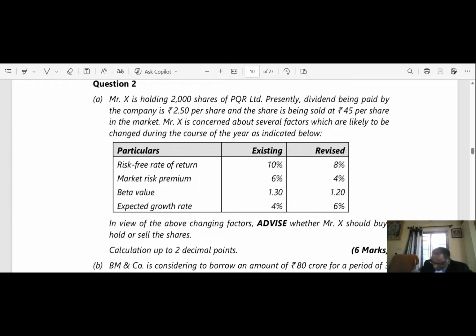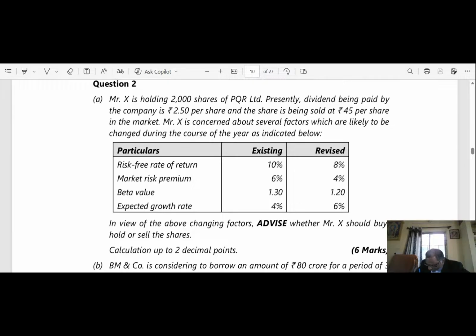Now, under the revised mode, KE is equal to RF plus beta into RM minus RF.